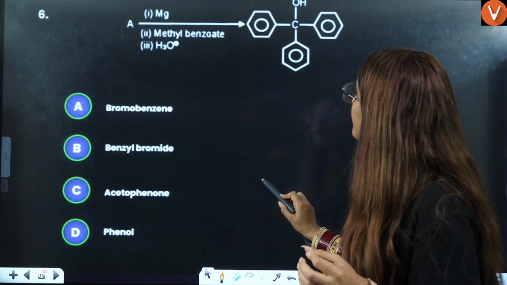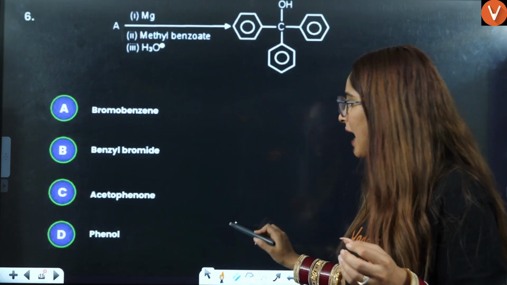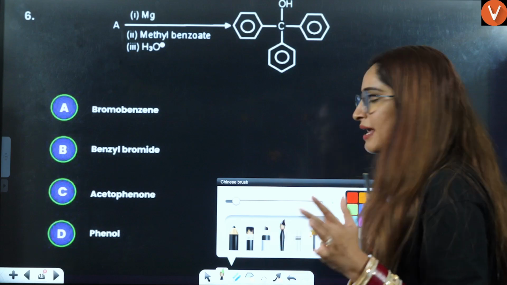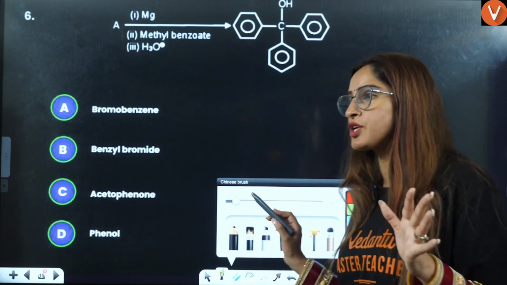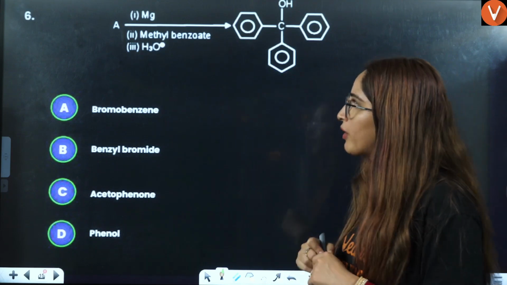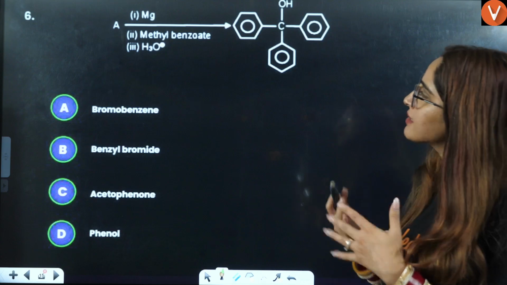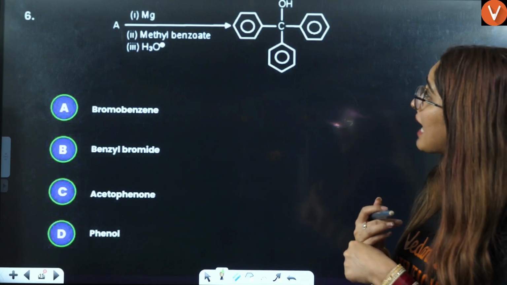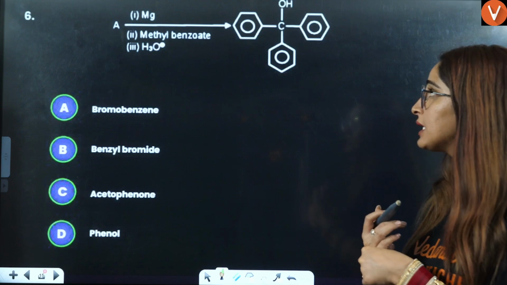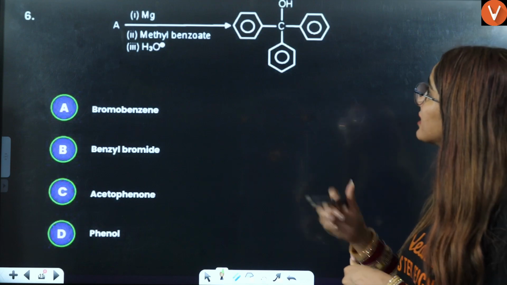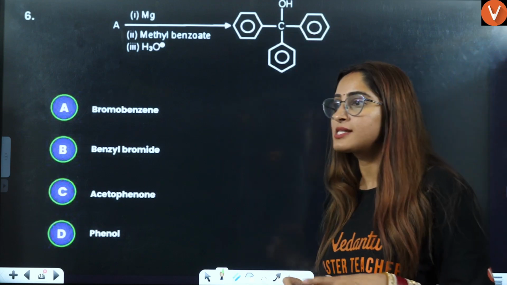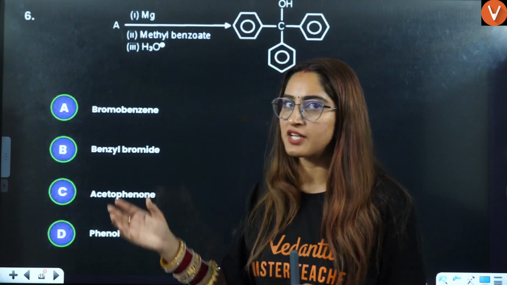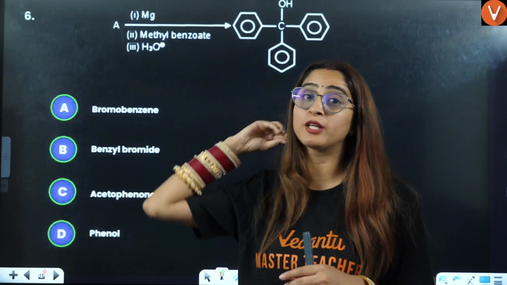Here, beta, these kinds of questions from organic chemistry are extremely important. Grignard reagent questions are extremely important. Here there is some A which reacts with Mg, then it reacts with methyl benzoate, then you hydrolyze it, then you get this product. Whenever a reactant is given, you have to predict the product.